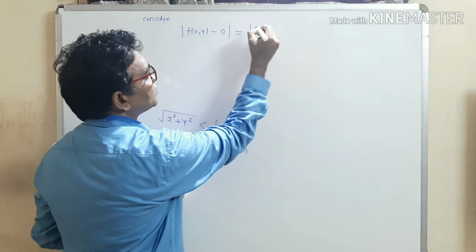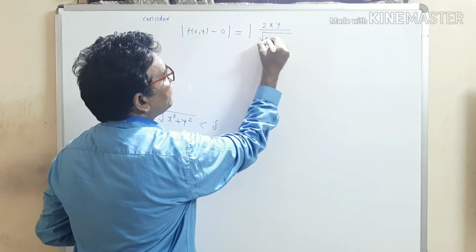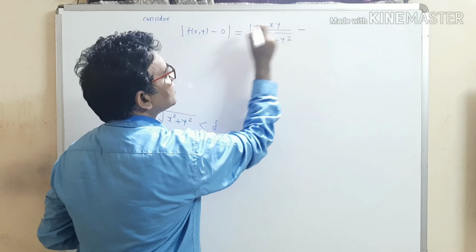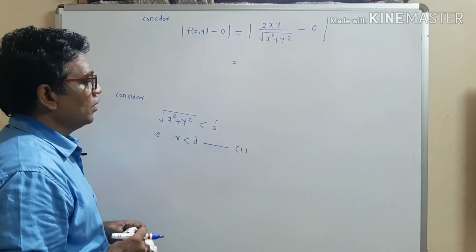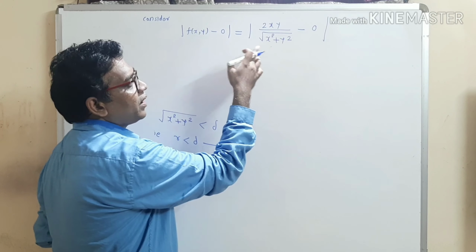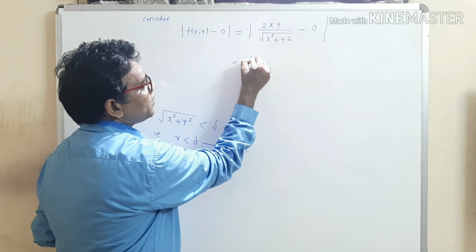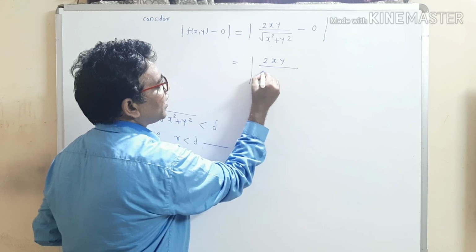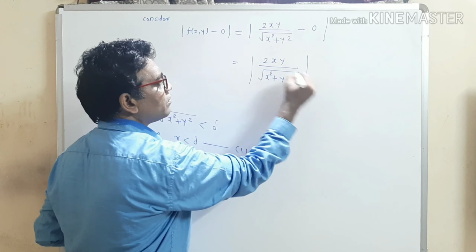What is the given function? This is our given function, 2xy divided by under root x square plus y square, minus, put this value as 0. So 2xy divided by under root x square plus y square minus 0 is the same as modulus 2xy divided by under root x square plus y square.